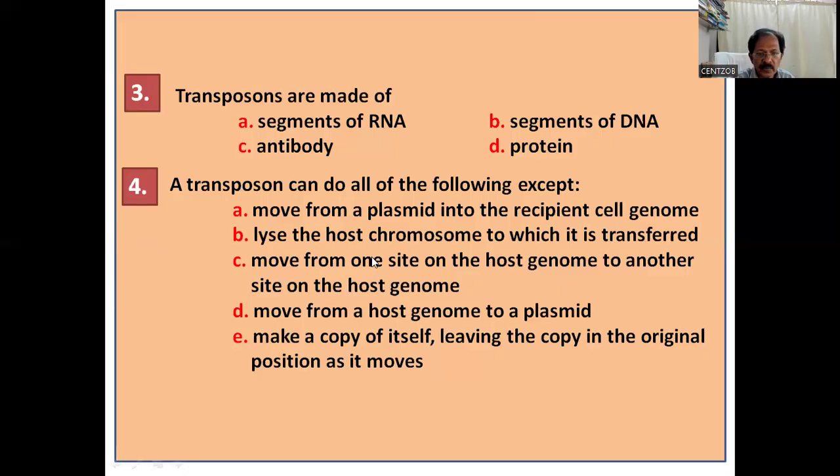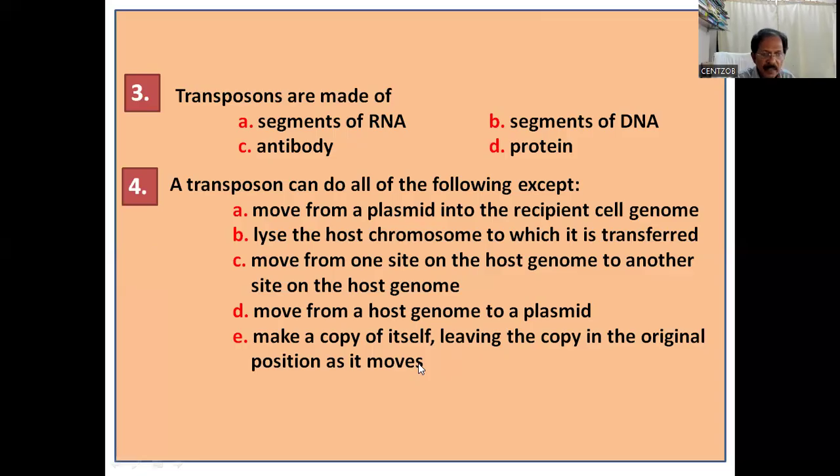B, lyse the host chromosome to which it is transferred. C, move from one site on the host genome to another site on the host genome. D, move from a host genome to a plasmid. E, make a copy of itself, leaving the copy in the original position as it moves.